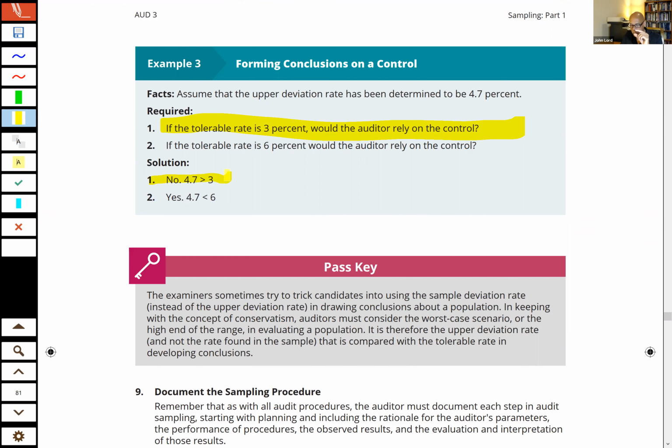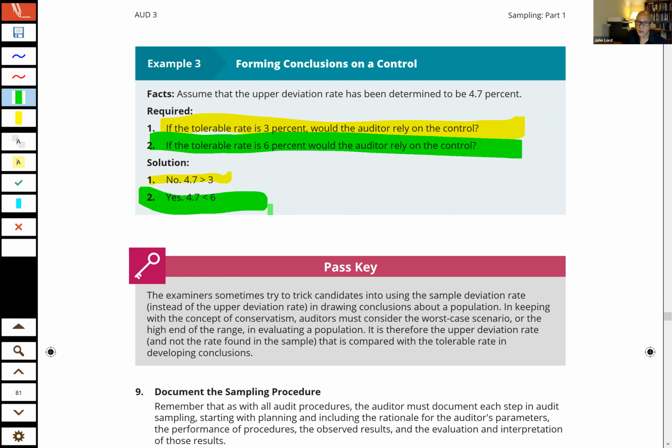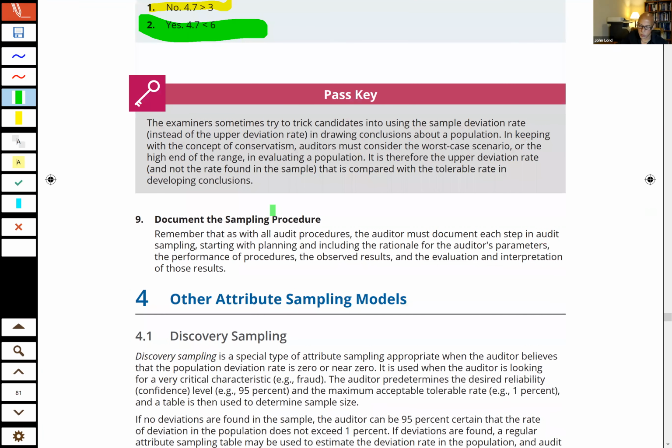Once we included that allowance for sampling risk, you were only willing to tolerate 3%, so the control failed. If the tolerable rate was 6%, now the auditor is saying, yeah, I can rely on that control, because I was willing to accept 6 and the table told me it could be as high as 4.7. And of course, remember, you always have to document the procedure.